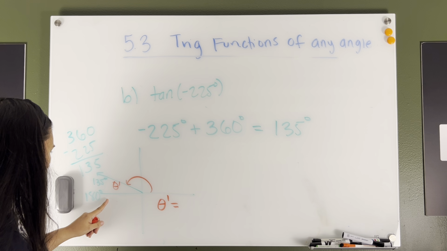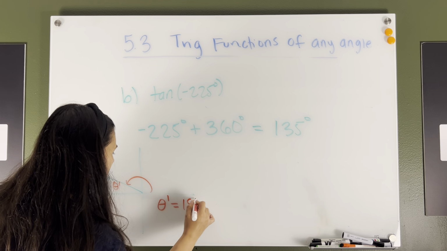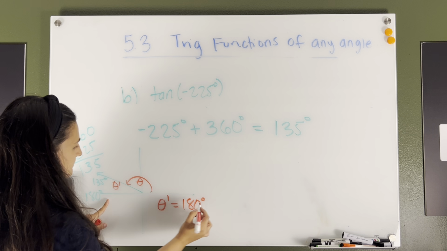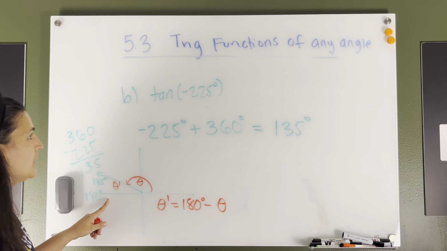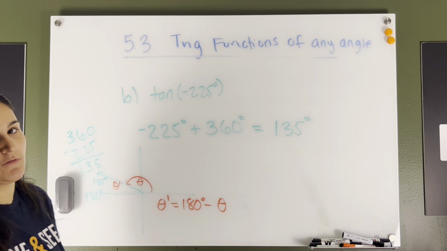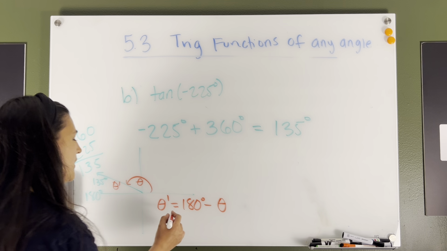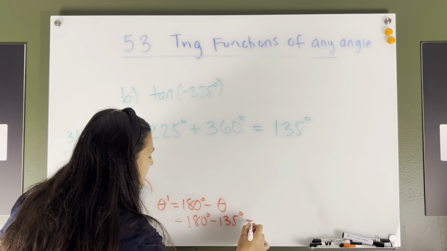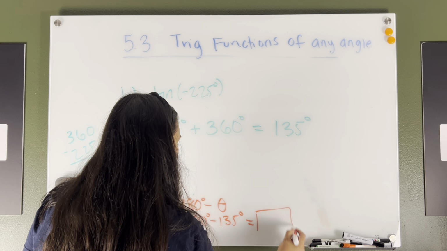It would be 180 degrees, which is the whole line, minus this theta. Again, we're given degrees, so we can use this one instead of having to use pi minus theta. Okay, so this is going to be 180 degrees minus 135 degrees. That'll give us the reference angle.